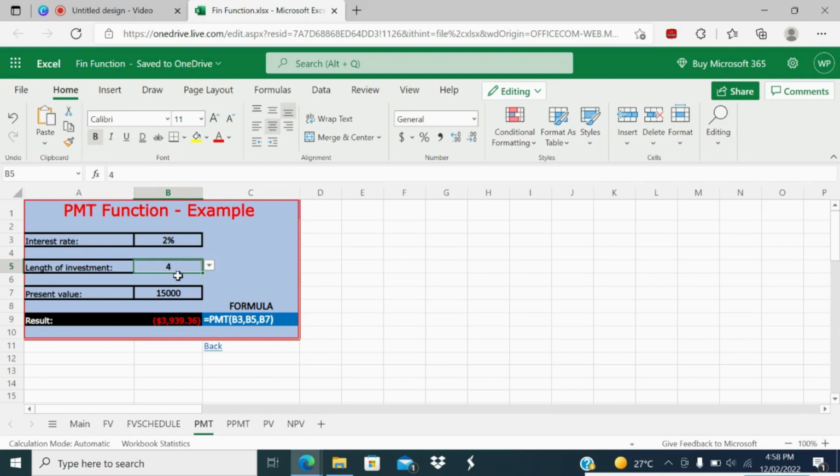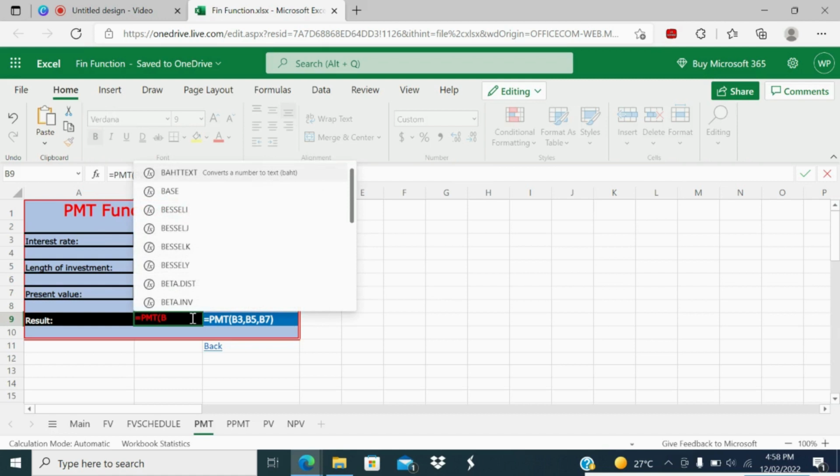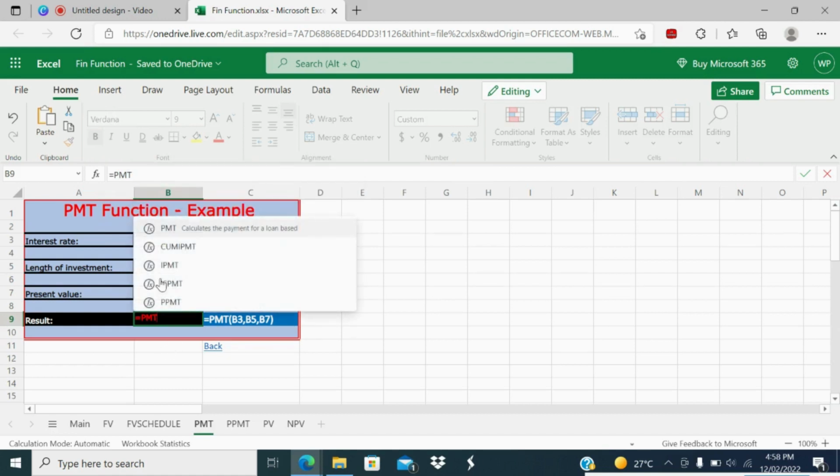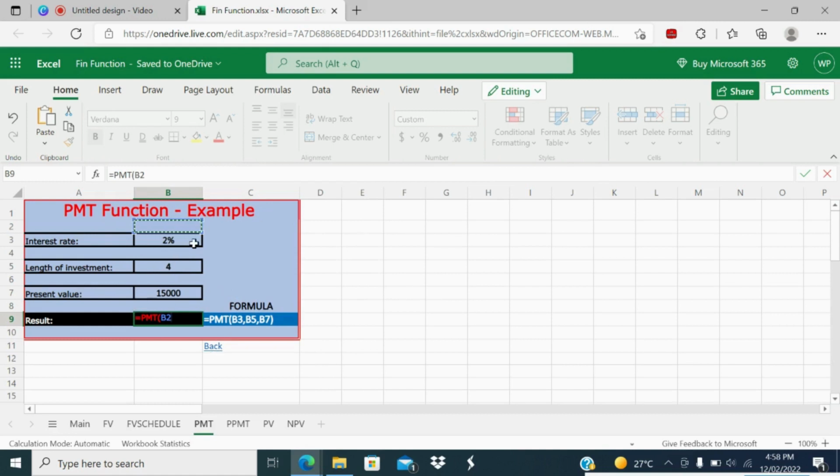So what I will write, the formula equal Pmt, rate, comma, NPR, comma, present value, that is this, and I'll close.